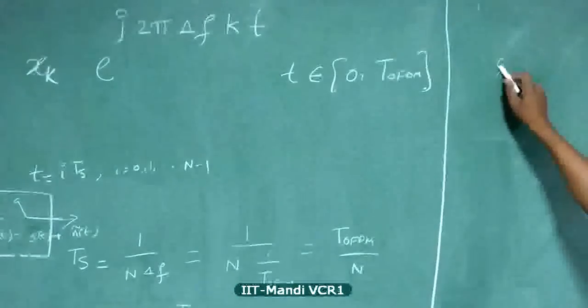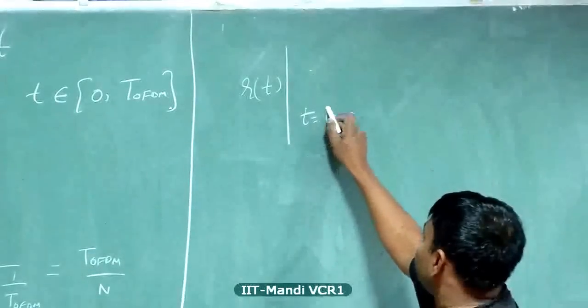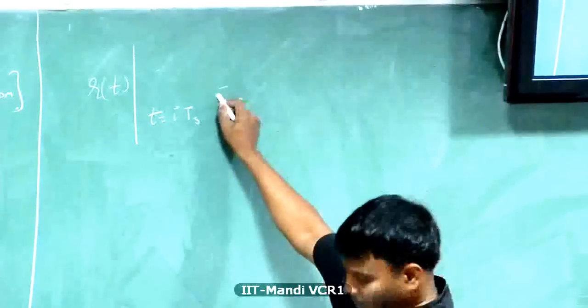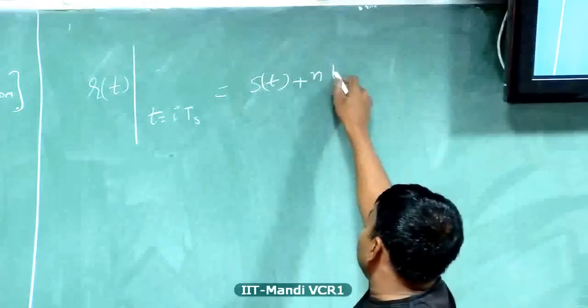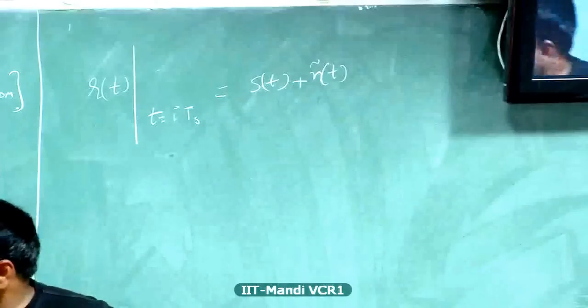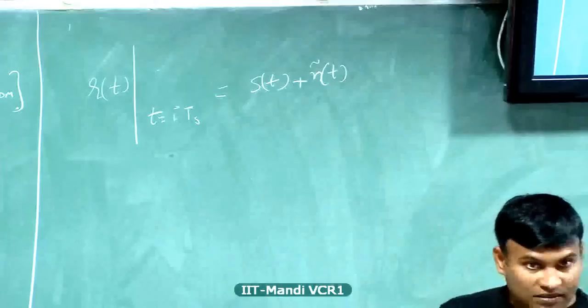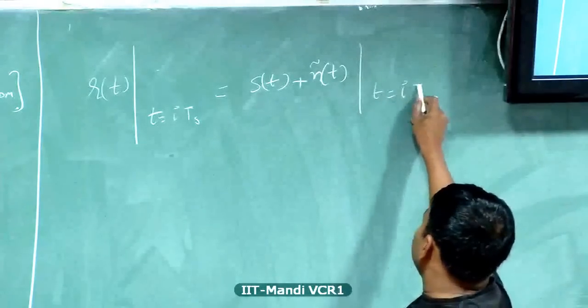So let us write R of t, where t equal to i Ts, is equal to S of t plus N tilde of t. We said that S of t passes through faithfully, but N tilde of t is band limited noise, and both are sampled at t equal to i Ts.